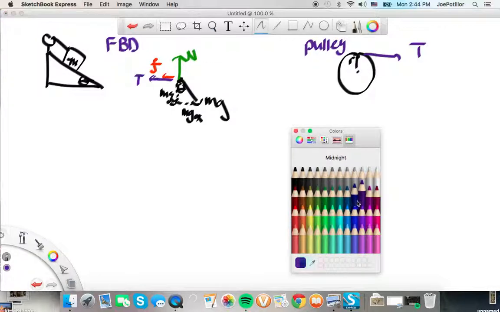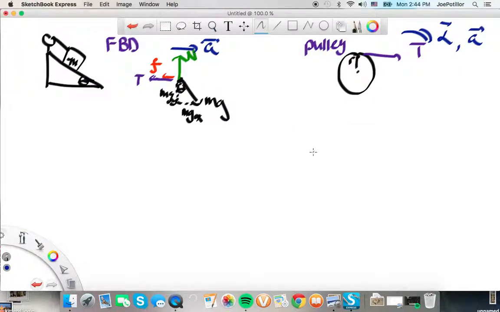Acceleration in both situations is going to the right, by definition, in all of our situations.